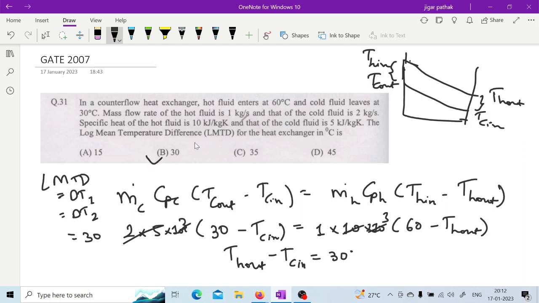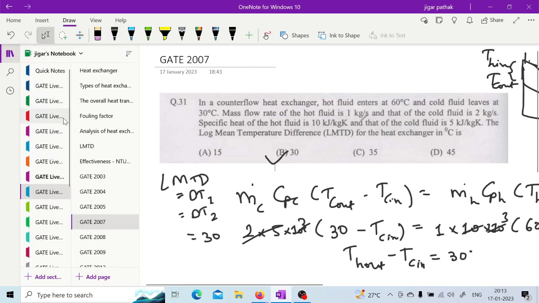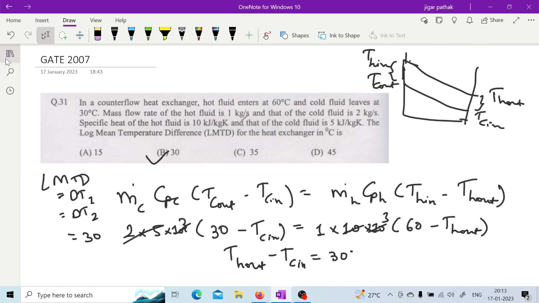Okay, yes. And one doubt, sir. In this case, is it equal to the change in hot fluid temperature, or is it equal to the cold fluid temperature?